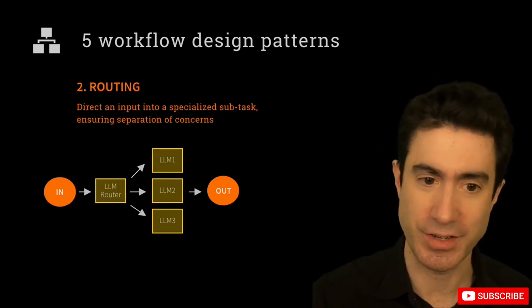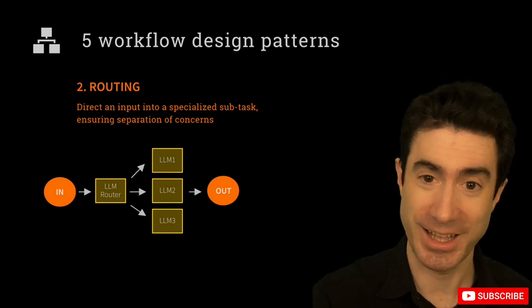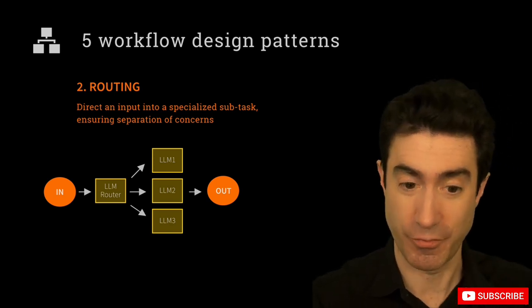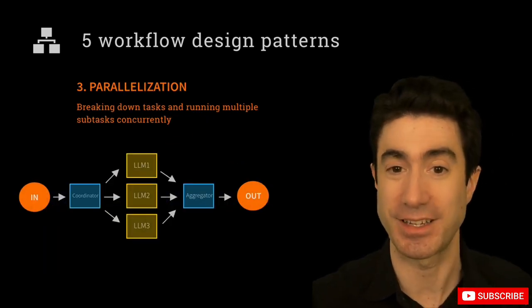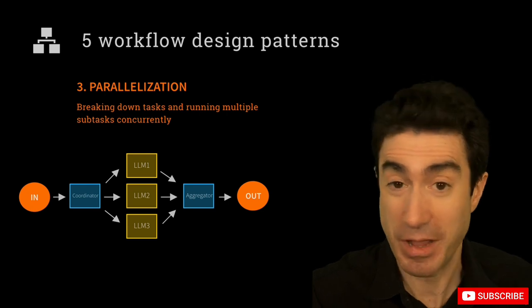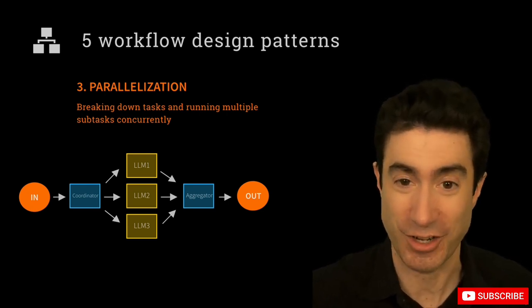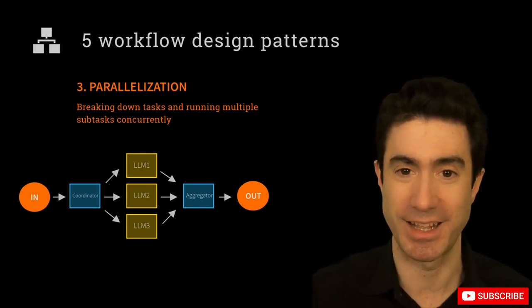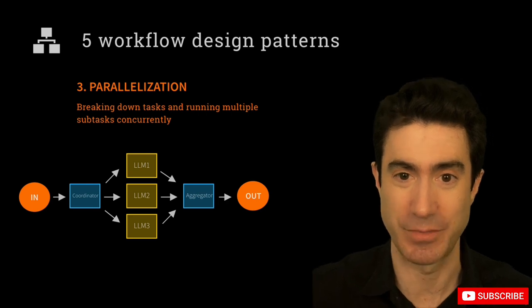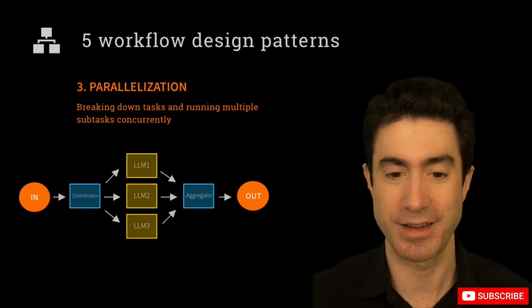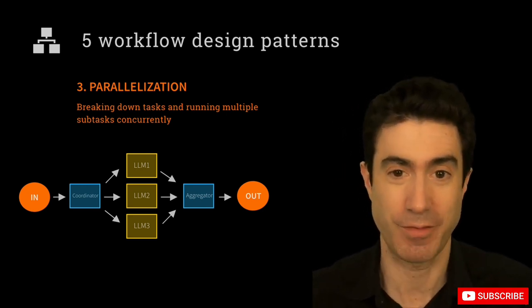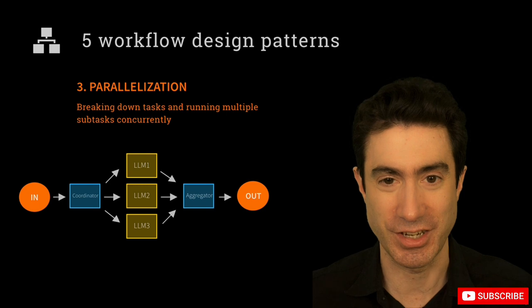So in the previous design pattern, it was an LLM doing the routing, and it was one of these 3 experts that was given the task. In this design pattern, it's code. It's, let's say, Python code that's deciding what to do, how to coordinate. And in parallel, it's being sent to 3 LLMs to carry out 3 different activities concurrently. And then there's more code, maybe it's Python code, that takes those answers and stitches them together.